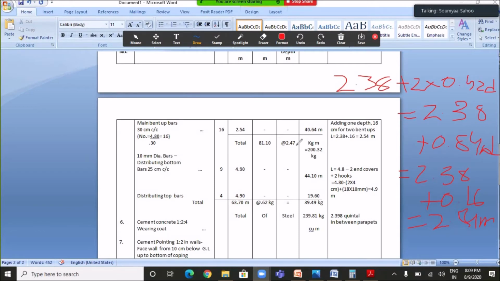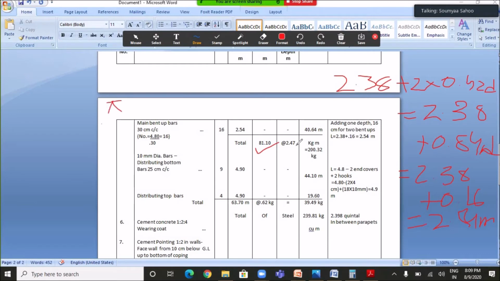So the total quantity of main reinforcement, which is to be expressed in kgs, can be found out by following these steps. We have to multiply the area of the bar with the unit weight of the steel with the total length we have calculated.